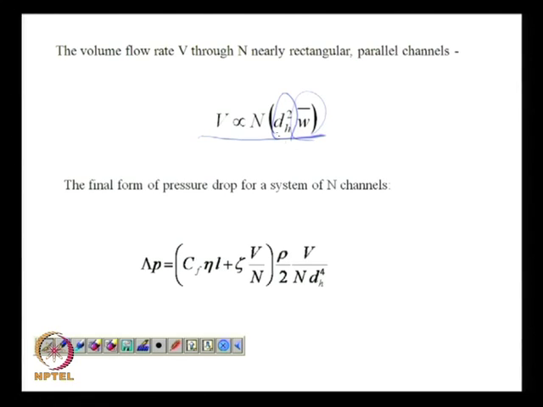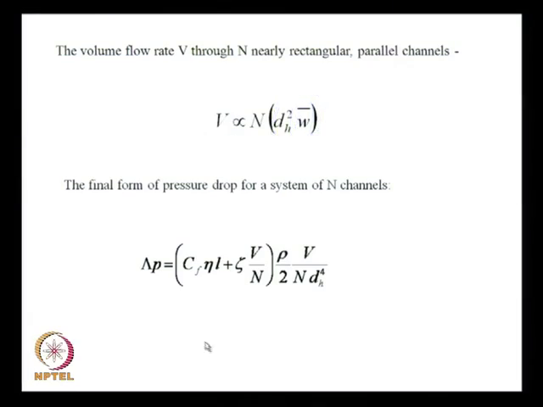So, this is proportional to the volumetric flow rate; multiply that with n and you get the total volumetric flow rate through a number of such channels connected in parallel. But this expression that I am going to show is valid only when we have a single manifold. You have one manifold and then the liquid is going to get divided into n number of channels. The subsequent equations are valid for that.